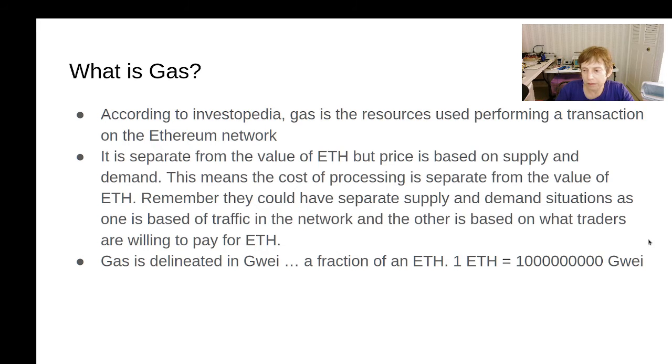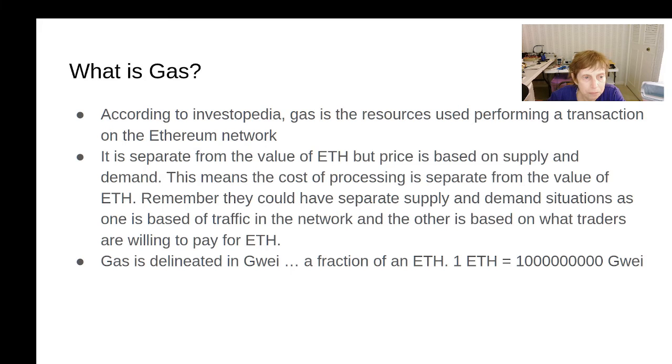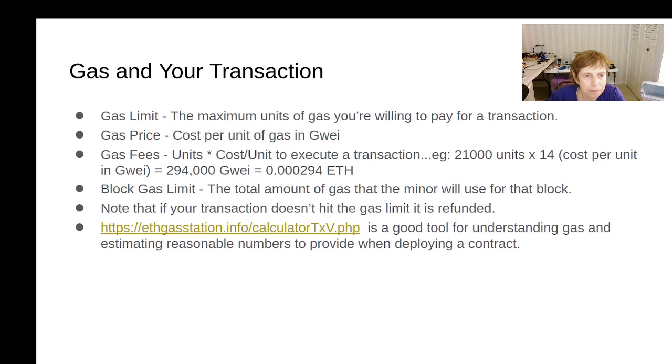Now, the next thing is gas in your transaction. Only have 3 slides. The gas limit is the maximum units of gas you're willing to pay for a transaction. Gas price is the cost per unit of gas in GWEI.